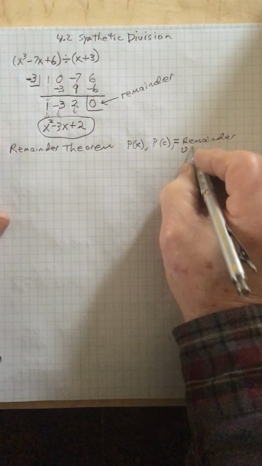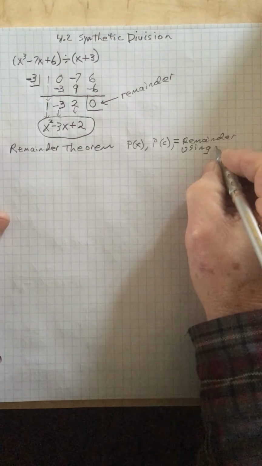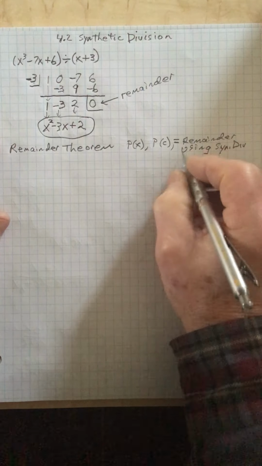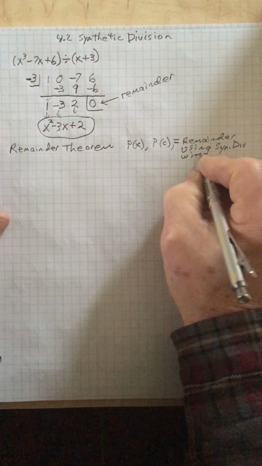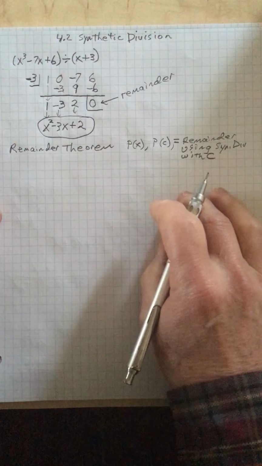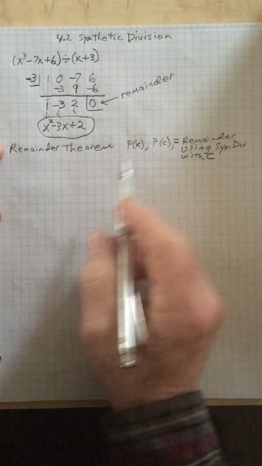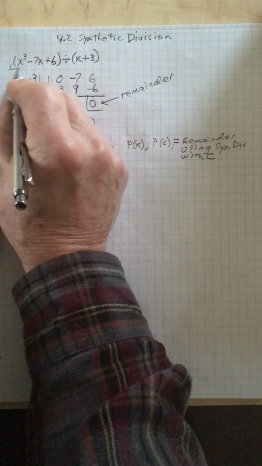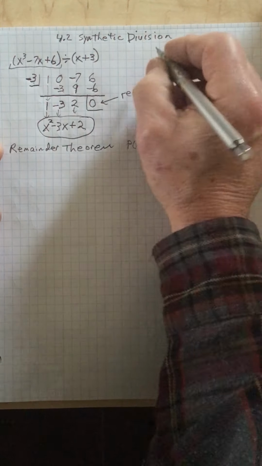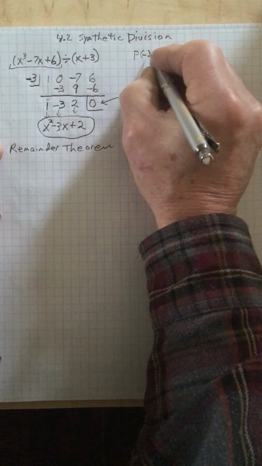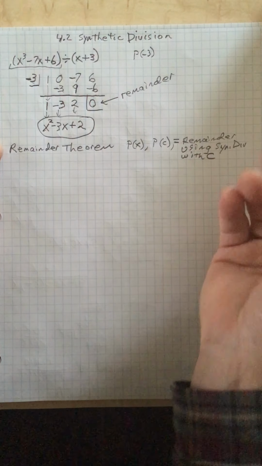using synthetic division with c as the root. So let's see how it works. I'll do an example, but quickly, up here, the way it would work is if that was p of x there, and I had minus 3, p of minus 3 should just equal 0.